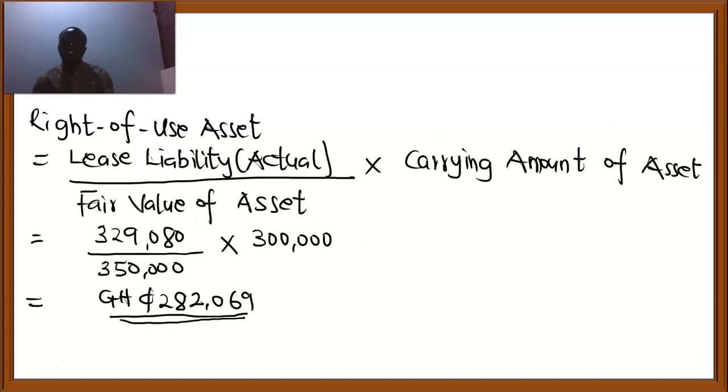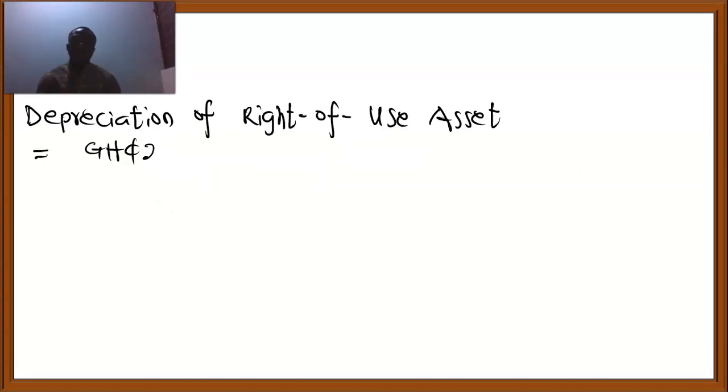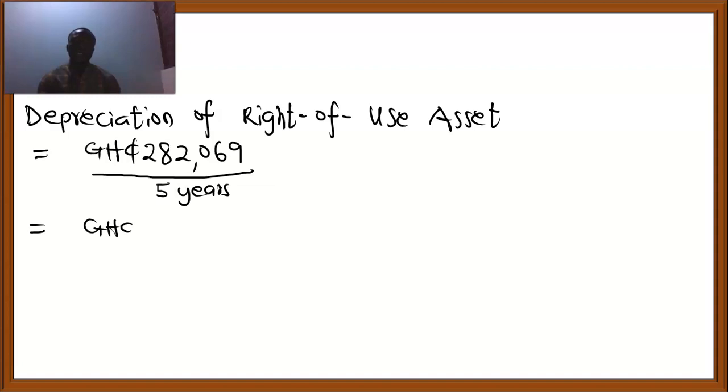The cost of the right of use assets is 282,069. Then we are told the lease term is for 5 years. So we divide it by 5 years. And this gives us an annual depreciation charge of 56,414. That is if you round it off to the nearest whole number. This is the annual depreciation charge.